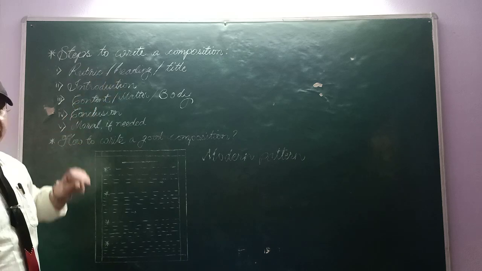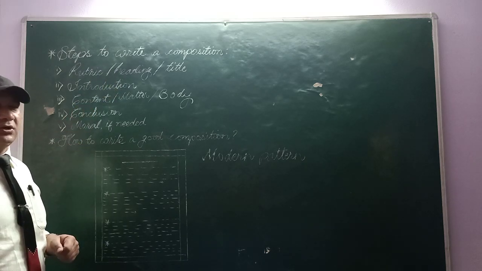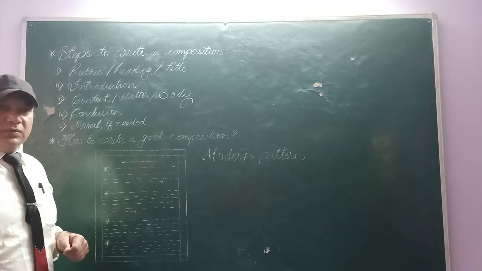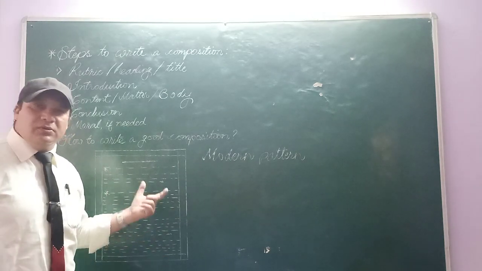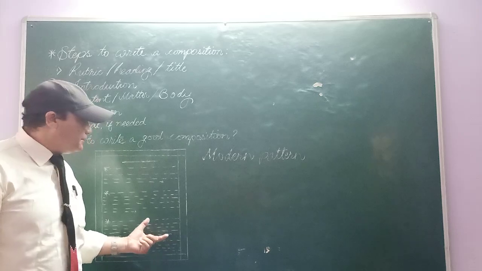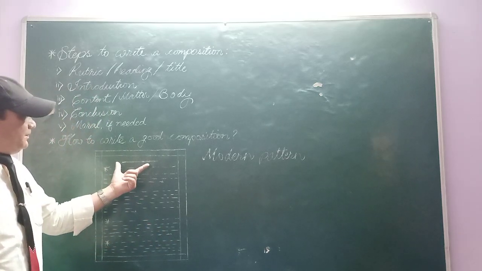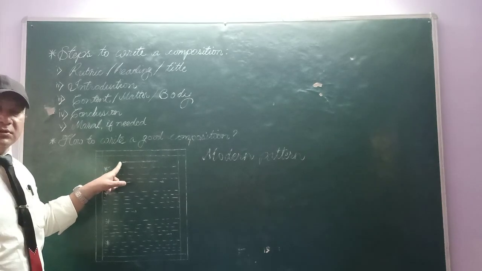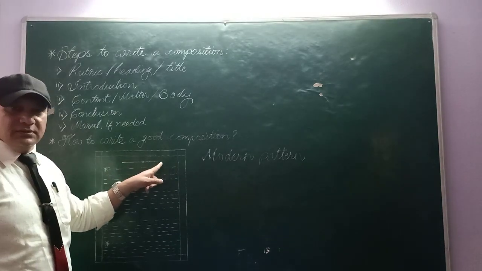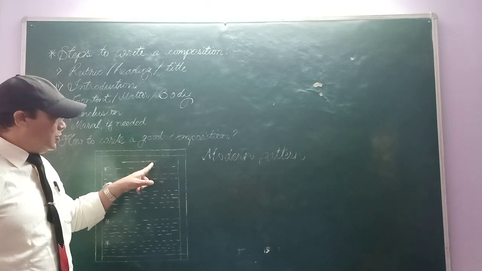I already explained why a heading and topic are needed, because it will give you an idea what you are going to write in the content, in the body of the composition. So the topic is a must, which is written in the center of the page where we start writing the composition.